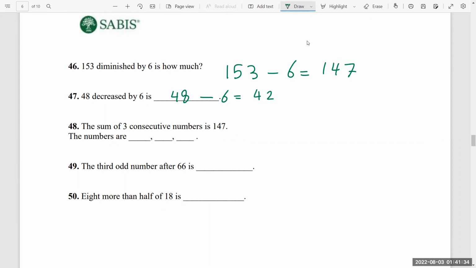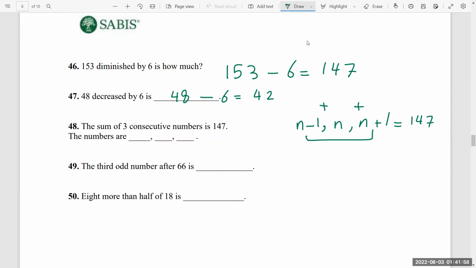The sum of 3 consecutive numbers is 147. Very easy. Let the numbers be n minus 1, n, and n plus 1. If you add these numbers, you will get 147.